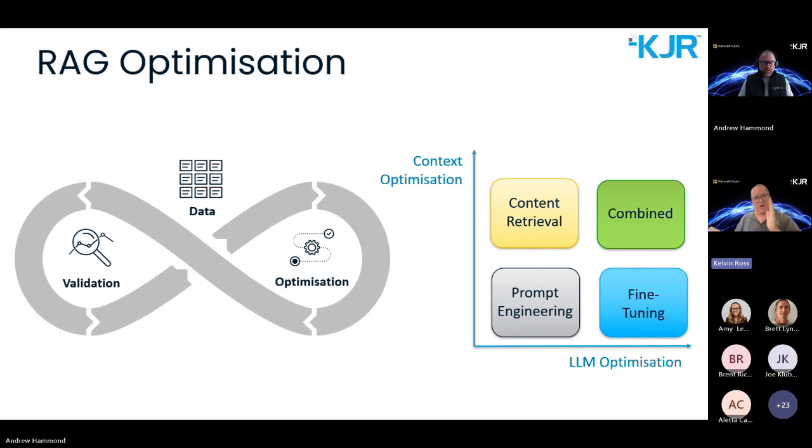You can go along the path of further refining your content retrieval, not just adding more content, but actually fine-tuning how content is extracted from the filter. And then there's also the route of actually fine-tune training the model so it better understands the language and the corpus that you're typically dealing with in your narrow use case. And then combinations of all those above to really exceed performance. Next slide.